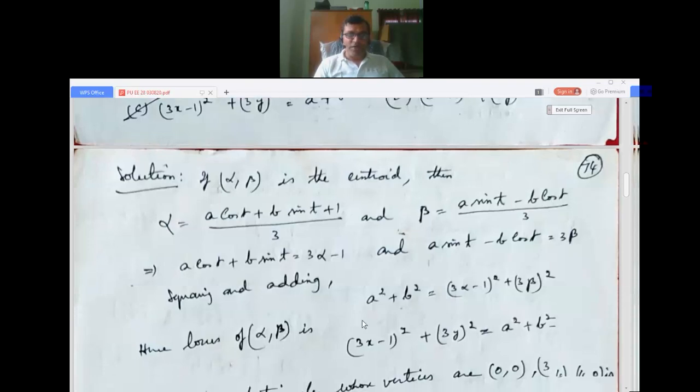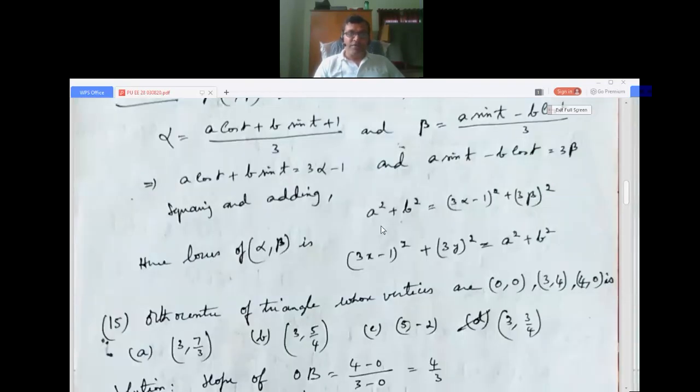Then squaring and adding, I told you how to square both sides, use the a plus b whole squared formula and also sin squared t plus cos squared t equals 1, we get a squared plus b squared equals 3 alpha minus 1 squared plus 3 beta squared. So the locus of alpha comma beta is 3x minus 1 squared plus 3y whole squared equals a squared plus b squared.